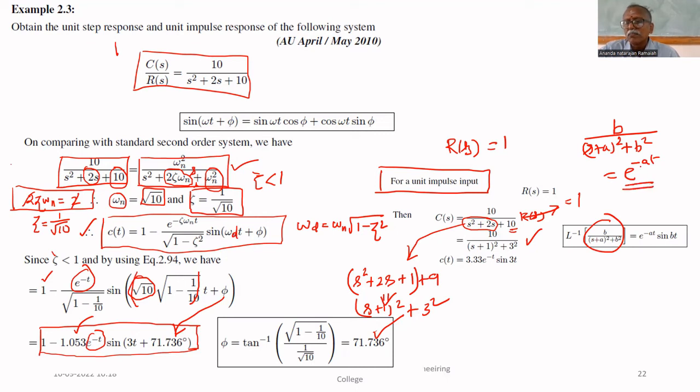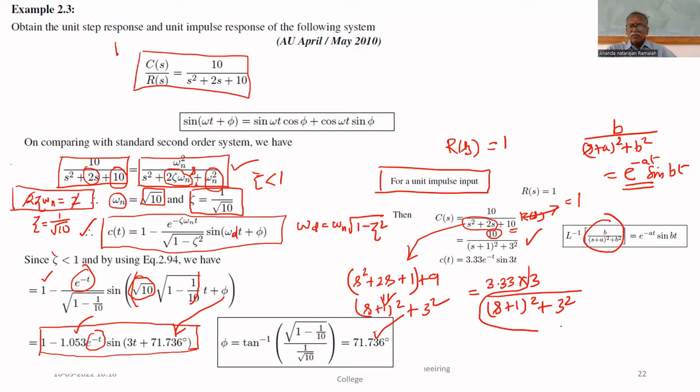That's why we have to include e power minus AT sin BT. So instead of 3 here, 10 is there. That's why the numerator we have to write 3.33 multiplied by 3 upon S plus 1 whole square plus 3 square.